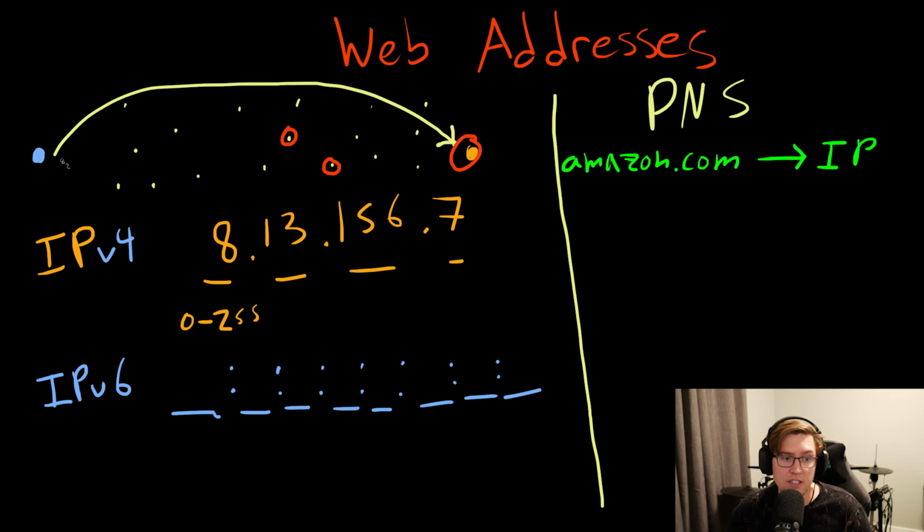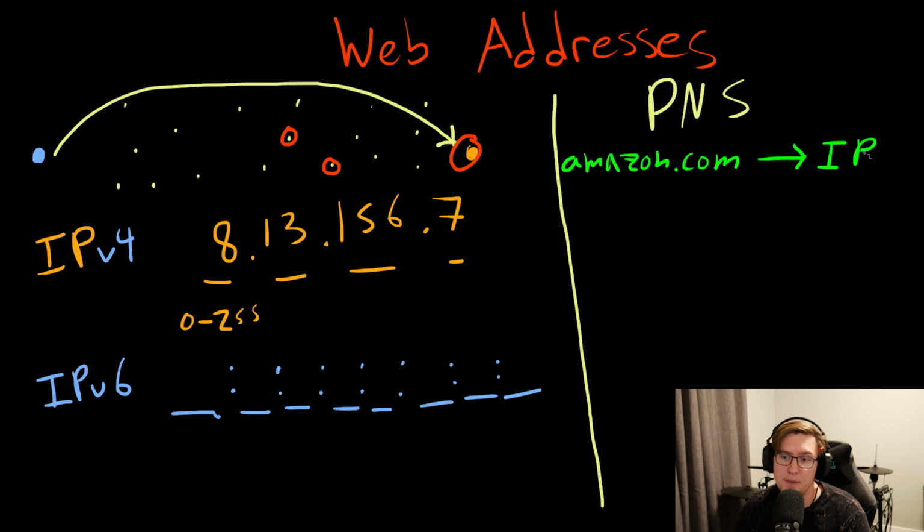So this whole system of going out using IP addresses to talk to computers, that is used. It's just the second step. The first step that our computers do under the hood automatically for us is to resolve a domain name to an IP address.